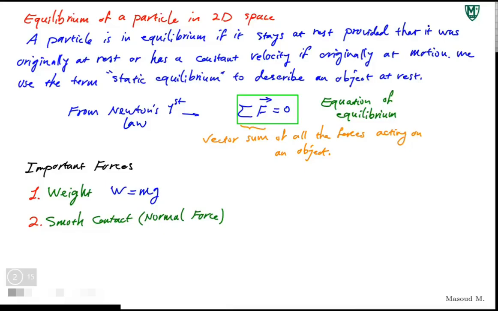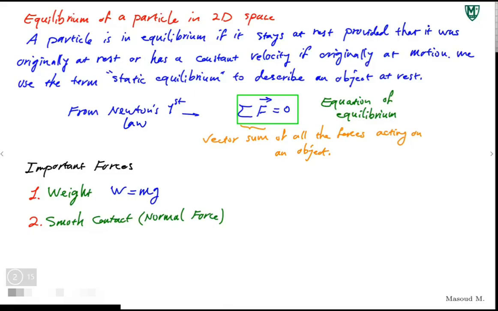The reaction from my hand to this mug cancels the effect of weight, and that's why it stays in equilibrium. The summation of forces is zero, it's not moving. To have motion, the summation of forces should not be zero, it should be in a specific direction. That would go into Newton's second law.